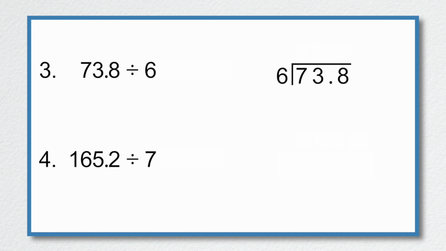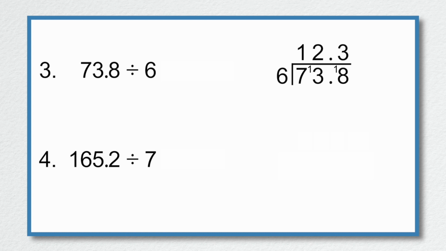We'll begin by setting out the question. 7 divided by 6 is 1 with a remainder of 1. 13 divided by 6 is equal to 2. 2 6s are 12, with a remainder of 1. So we just write the 1 next to the 8, which is in the tenths column. We now have 18 divided by 6, which is equal to 3.